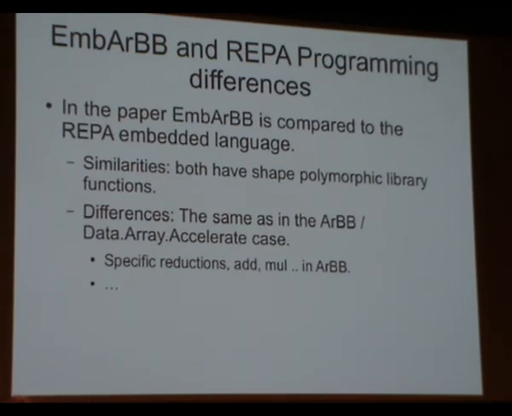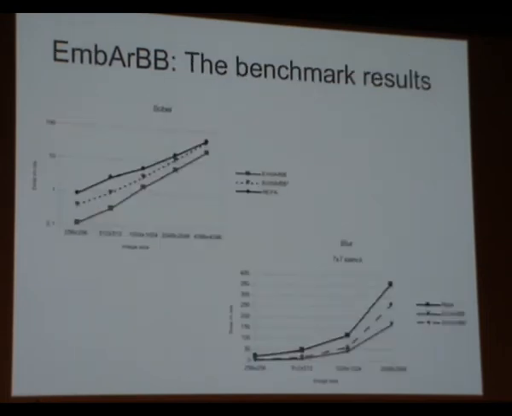And of course, REPA is slightly different from this language. It's similar in some ways, but it's also more expressive with its higher-order functions and folds and stuff, while we have the specific reductions. But if we compare favorably, maybe that can be overlooked to some extent.